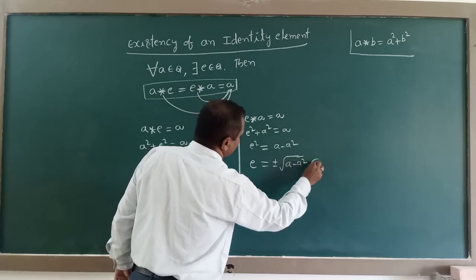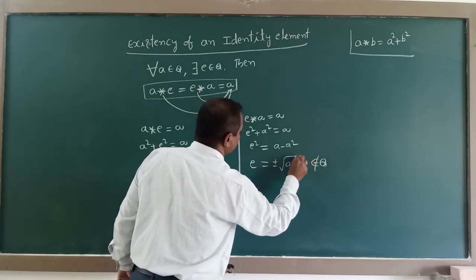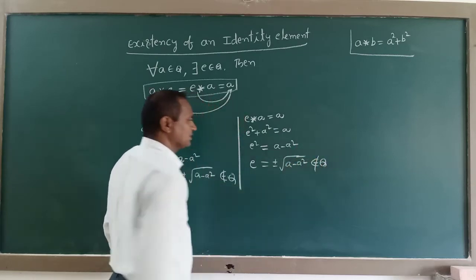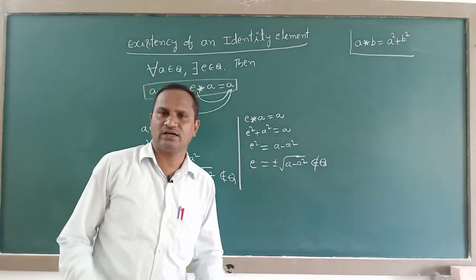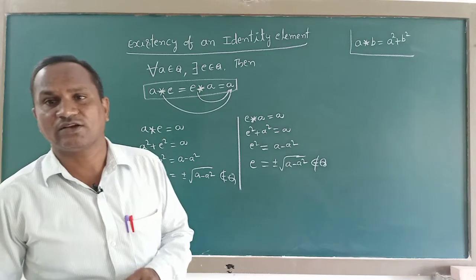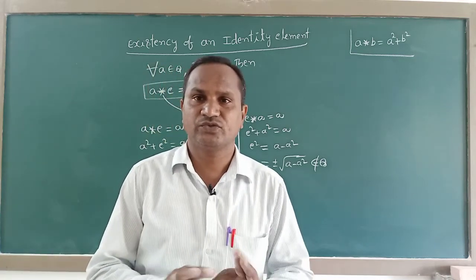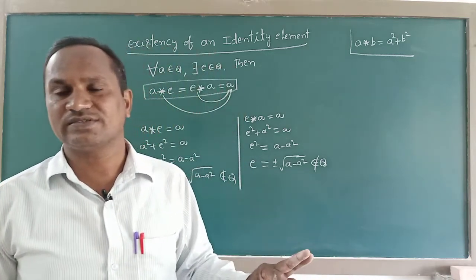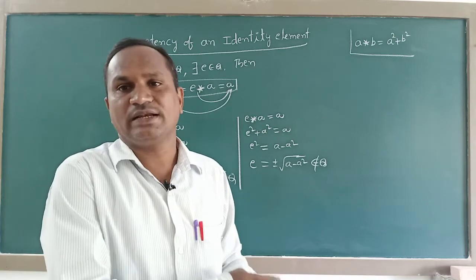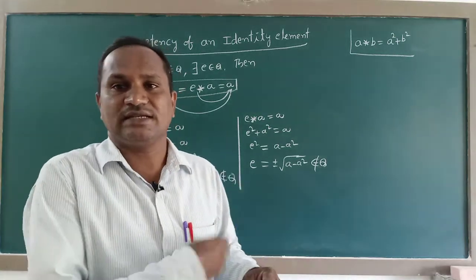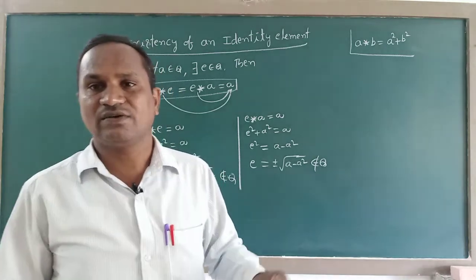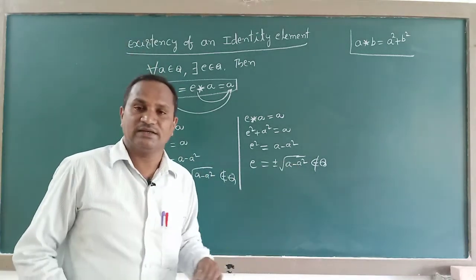That is why it also does not belong to Q. If you take 2 minus 2 square, 3 minus 3 square, and so on, you get complex numbers, but we should not get such distinct values. We are not getting elements belonging to the given set, we are getting elements other than the set. That is why an identity element does not exist.